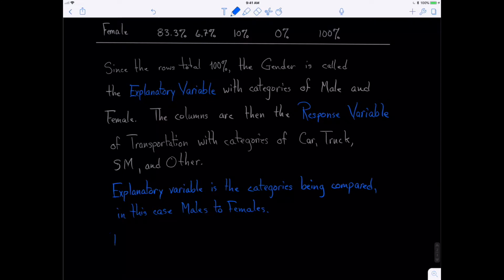And then the response variable is the outcomes of the comparison. So in this case, it's the mode of transportation. So we'll put mode of transportation.